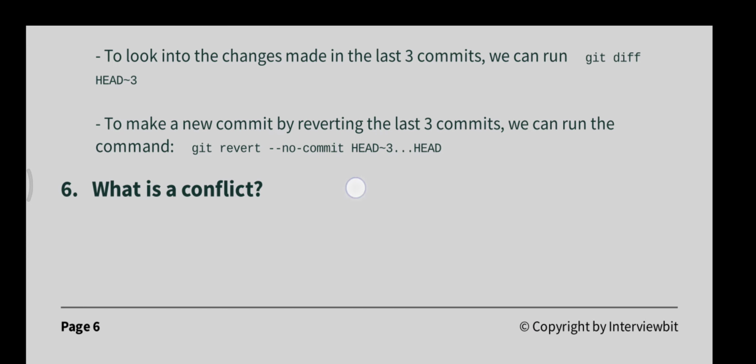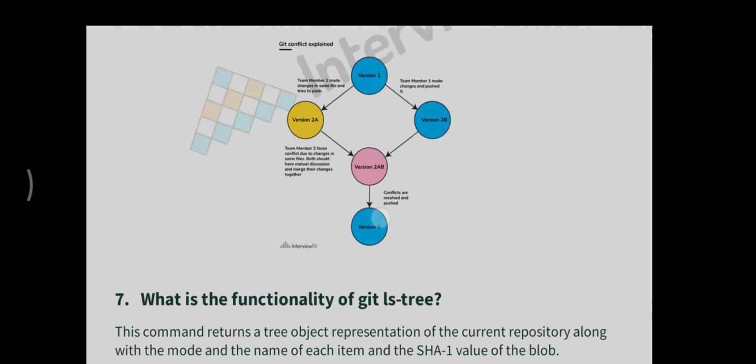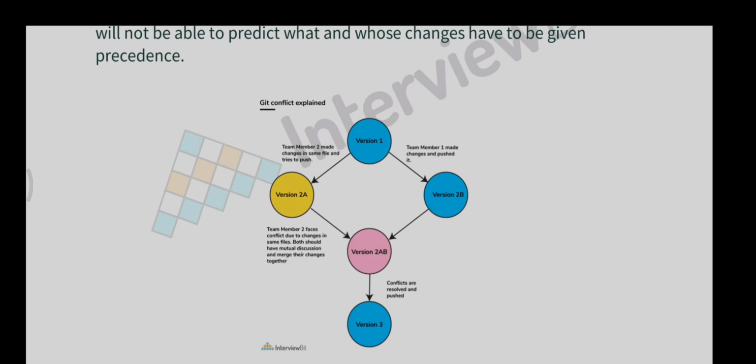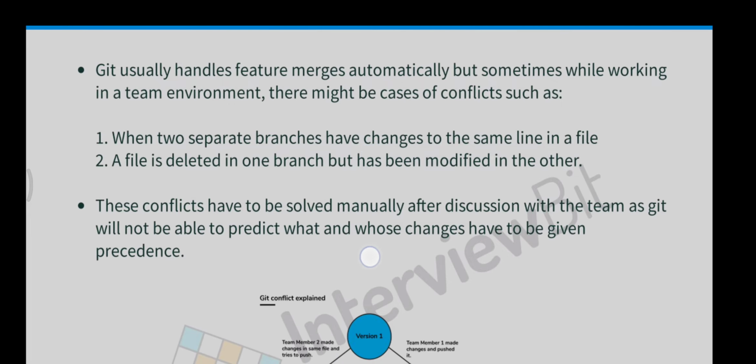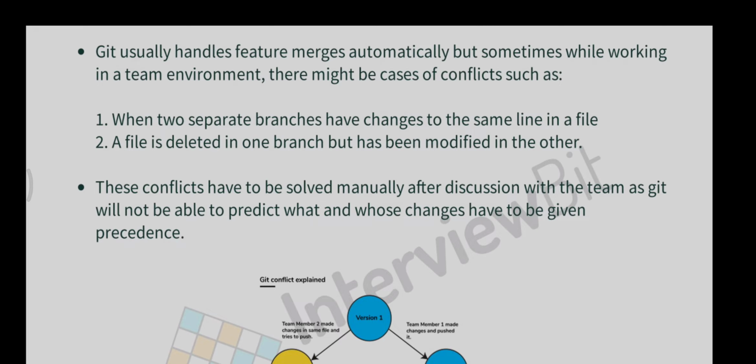Sixth question, what is a conflict? Git usually merges features automatically, but sometimes while working in a team environment, there might be cases of conflict, such as when two separate branches have changes to the same line in a file.